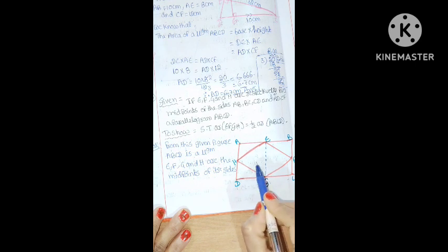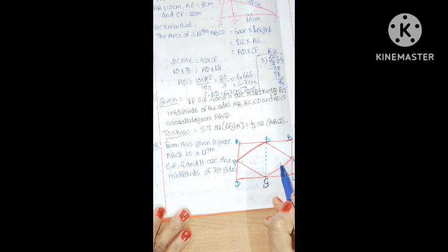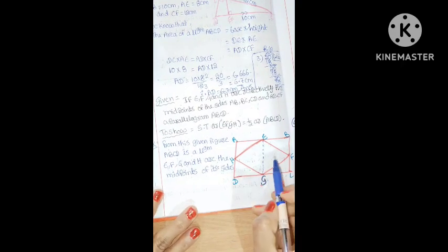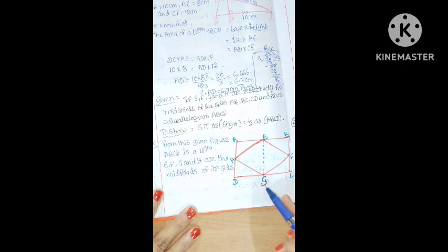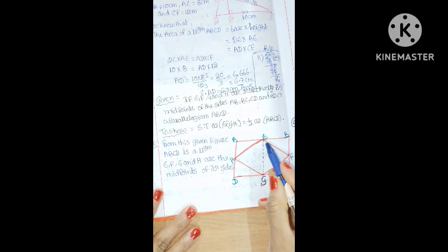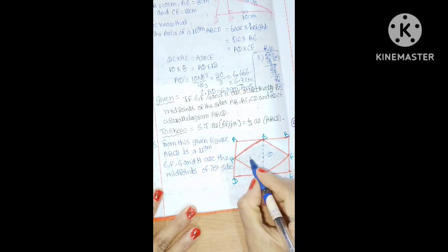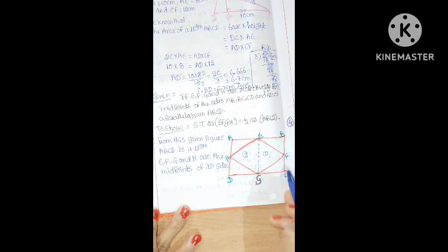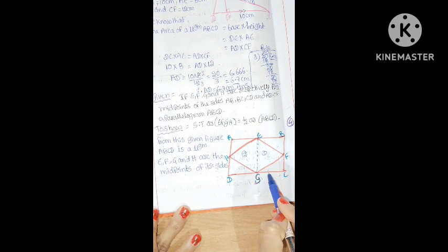Two triangles are formed in this figure. What are the triangles? EFG is one triangle, and EHG is the second triangle. First of all, one parallelogram is given in the question.